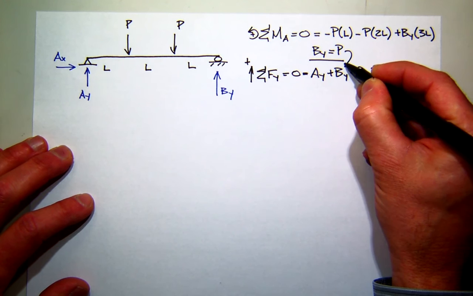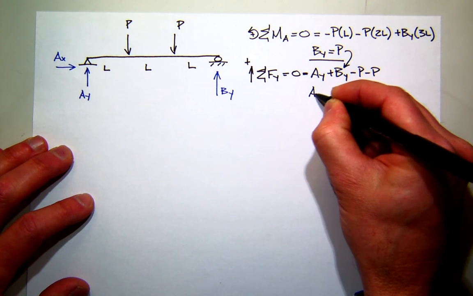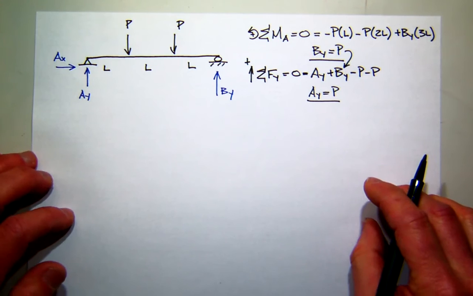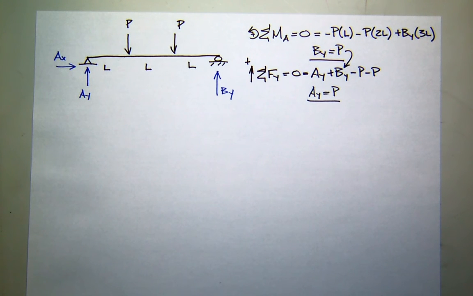Of course, if I put BY in here, AY is also P. Again, I don't want to be too negative, but if you don't do your reactions right, everything else is going to go badly for you.